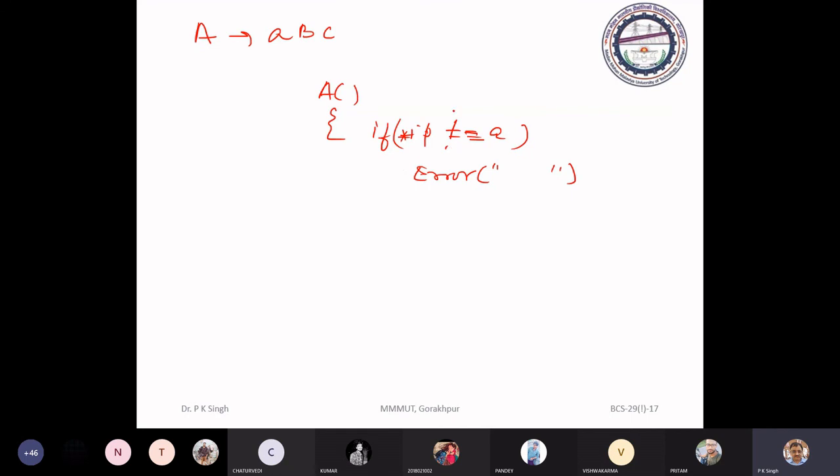You can call the error service routine, because if you are testing, then the first symbol must be A. Else, advance IP to the next character, and the next character is B. Now again you have to write the body of B to test the language construct described by B.